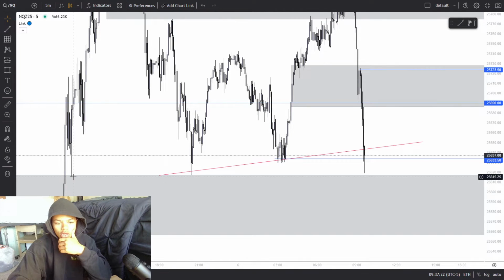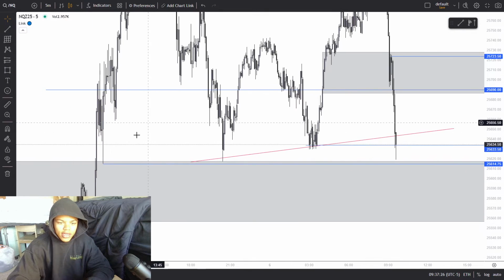Kind of New York low right here as well that we could sweep out. That would be nice to take out, and take out New York low.